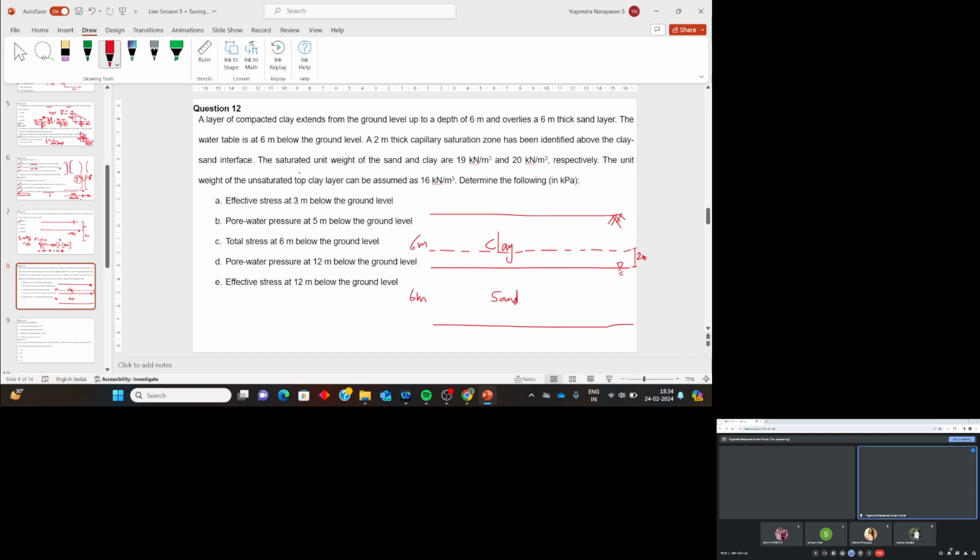And the saturated unit weight of sand and clay are 19 and 20 kilonewton per meter cube respectively. This is 19, this is 20, and this is 16.